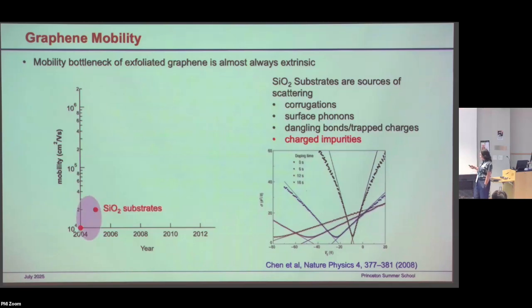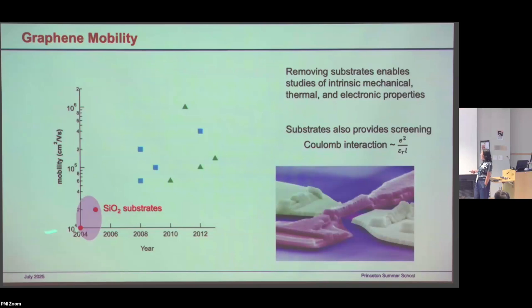So now, the next stage is that silicon oxide is so bad, maybe we can just get rid of it. So let's suspend the samples, so we remove the substrate altogether. We have a lot of prior work in this area. This is one of the devices with graphene. This is an electrode, and we have a back gate and a top gate. The top gate is suspended over the graphene.